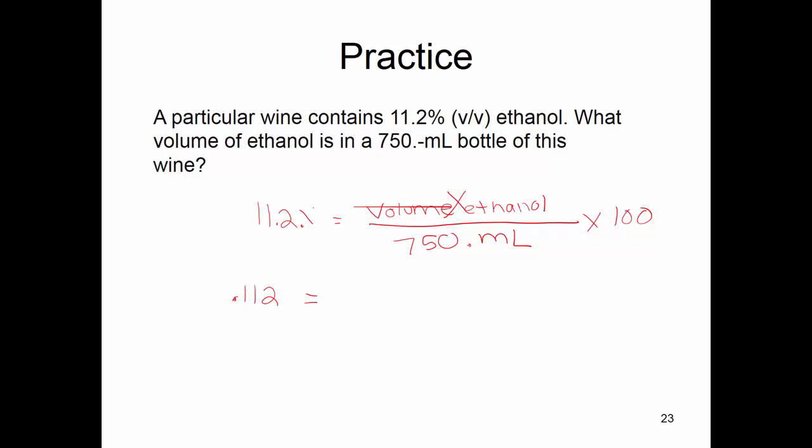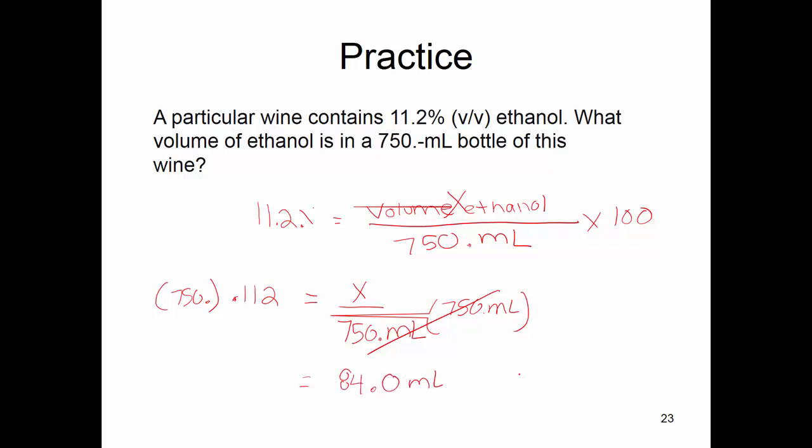Then we solve for X. We multiply 750 times 0.112, and our answer is 84.0 milliliters of ethanol.